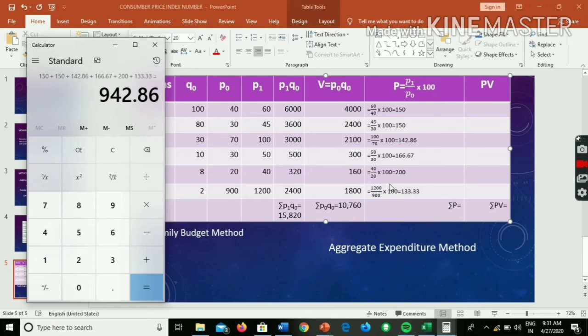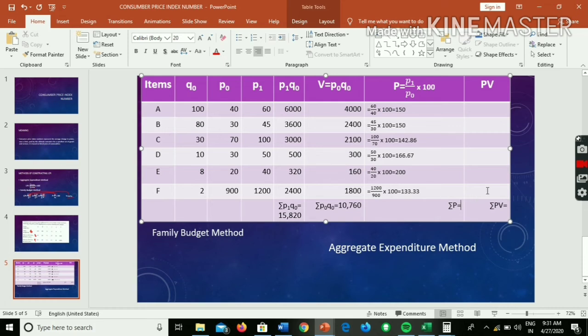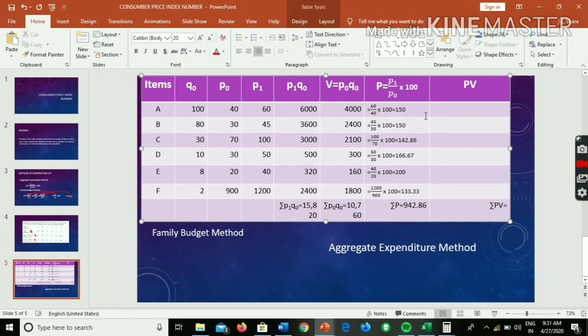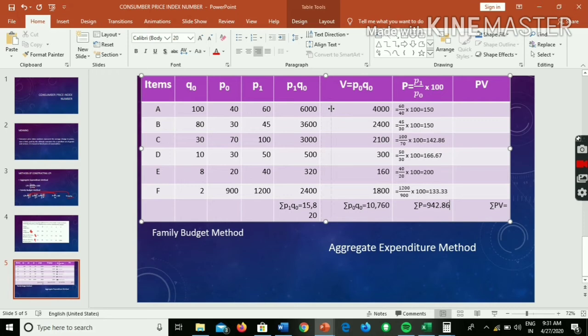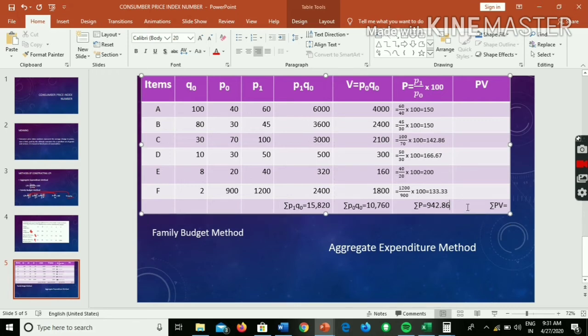So 942.86. So the value of sigma p is 942.86. Okay.